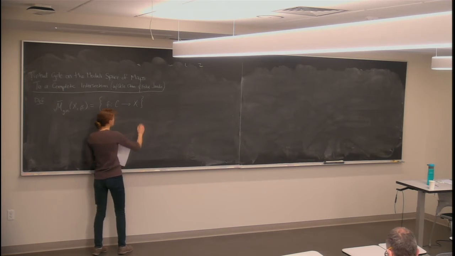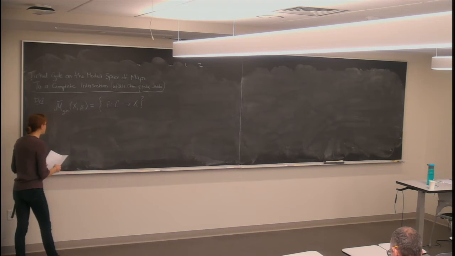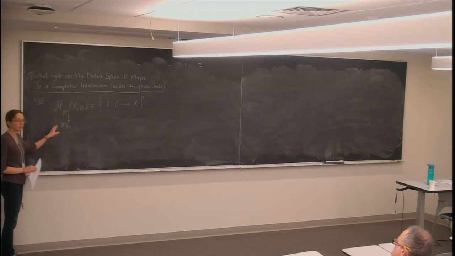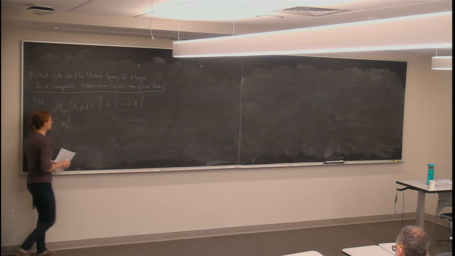And they should be stable so that they have finite automorphism groups. The information I'll use today is a forgetful map to the moduli of pre-stable curves.